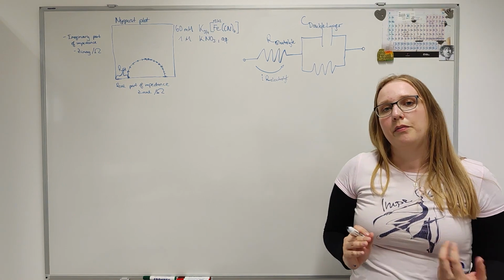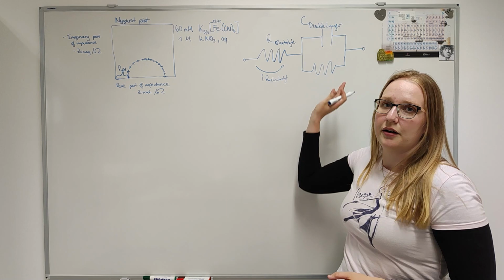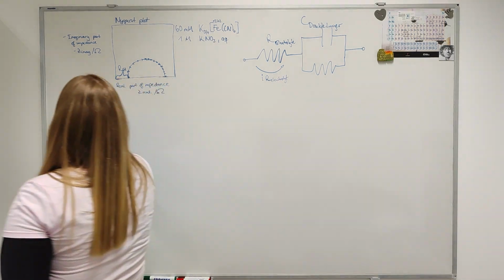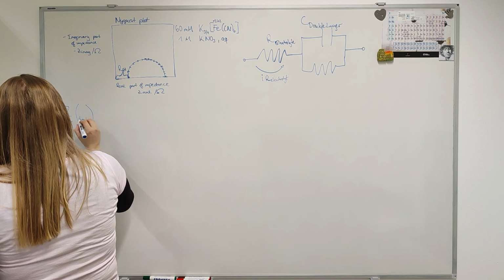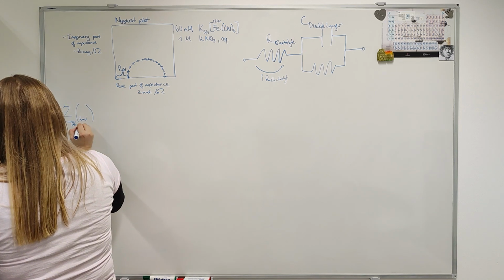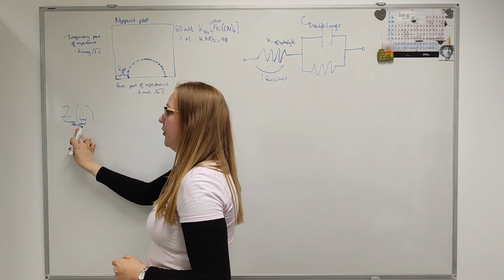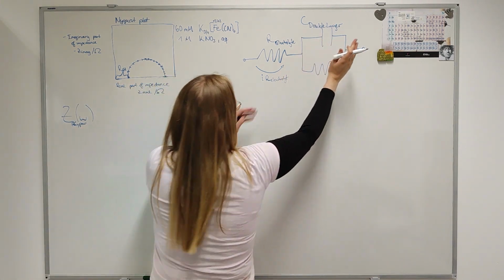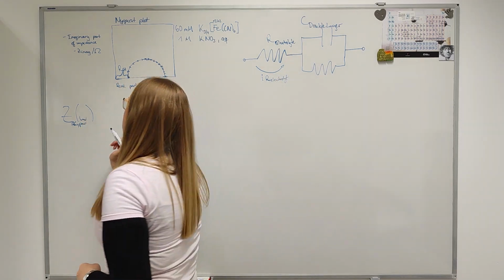To do this, we remember the formula of the impedance for a parallel RC circuit. So RC circuit, parallel, as this section here drawn, and this is, as we know, a frequency-dependent value.